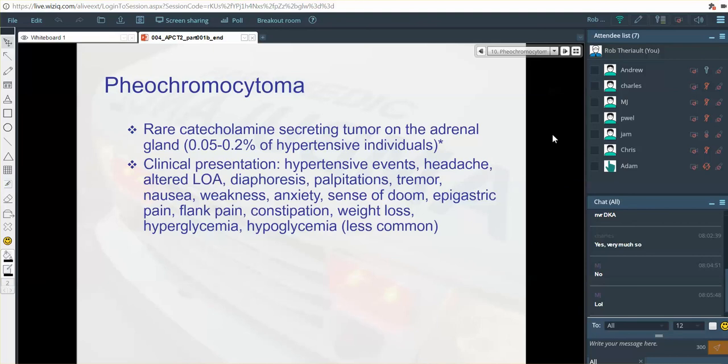Has anyone here encountered a patient with pheochromocytoma? Yeah, I found one once. Oh, do you want to tell us about it? It was a number of years ago, and it was something completely unrelated.